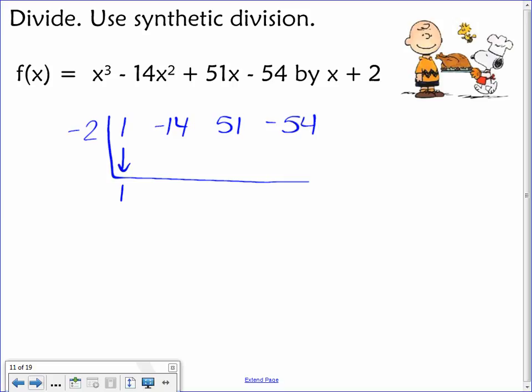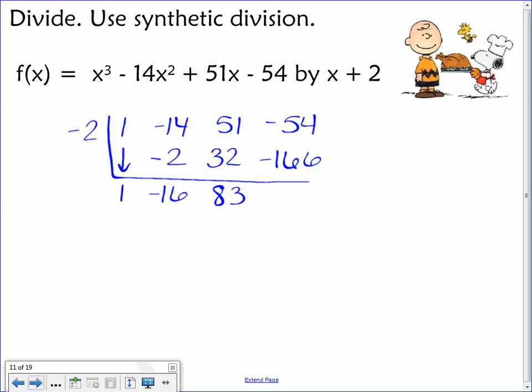And you always drop that first number straight down. Multiply, add. Negative 2 times 1. Negative 14 plus negative 2. Multiply, negative 2 times negative 16. 32. Add. Well, these are fun. Negative 2 times 83.